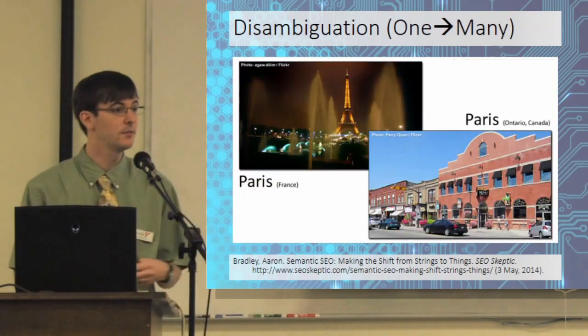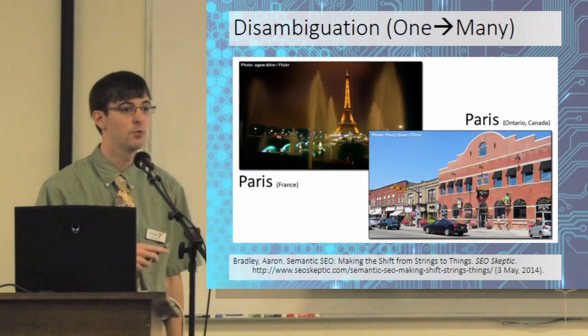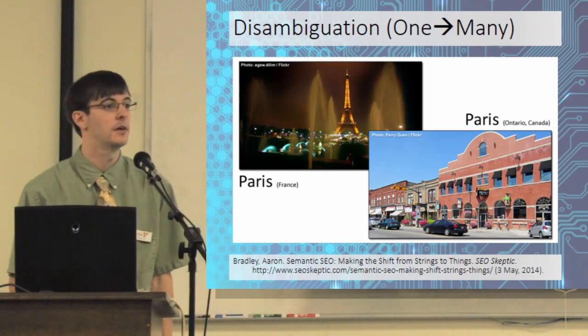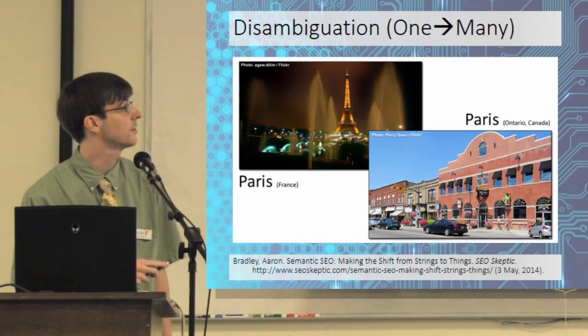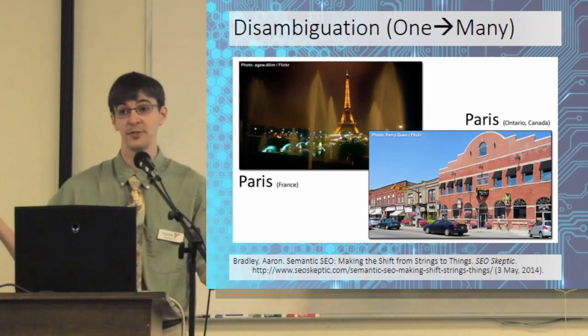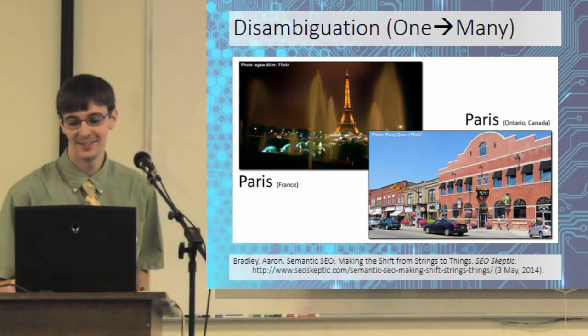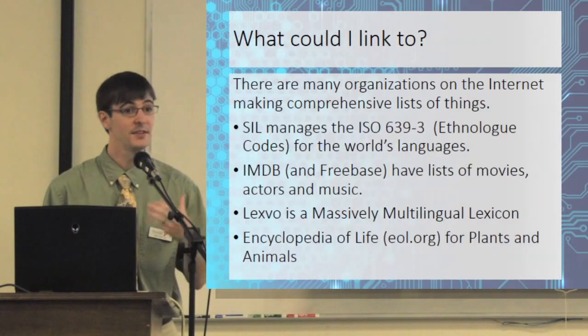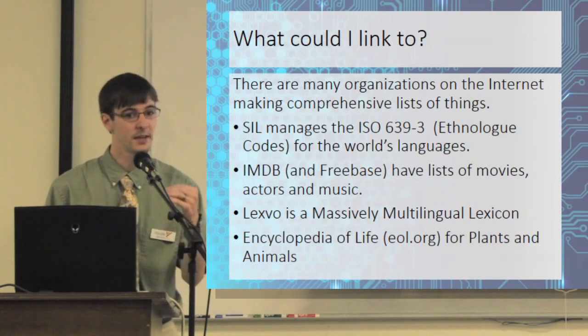And in the inverse, you can have one name that points to many different things. So if you say Paris, are you talking about Paris, France, or Paris, Canada? Or Paris, Texas, that's true. So that is an important concept, is how do I link to that one thing?